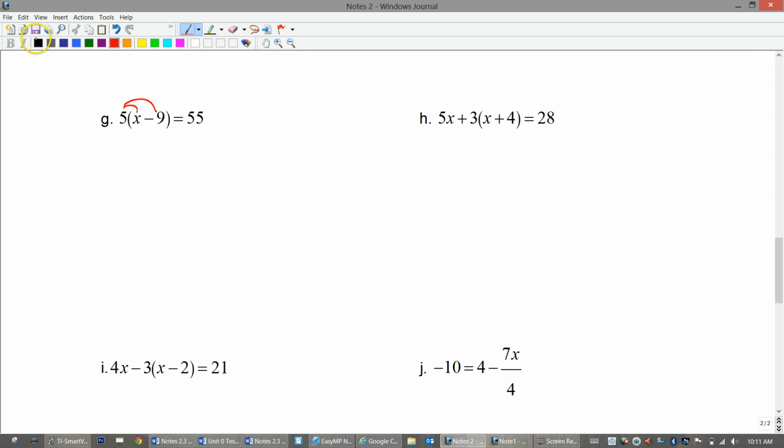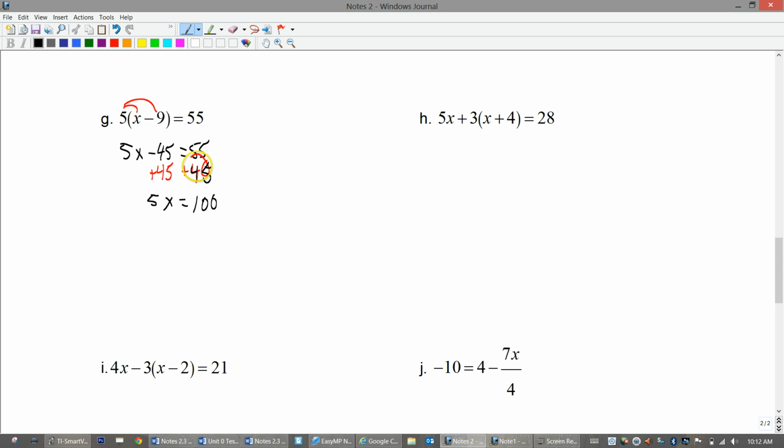Distribute first. Plus 40. Oops, that's 45, isn't it? 9 times 5 is 45, right? That's 100.